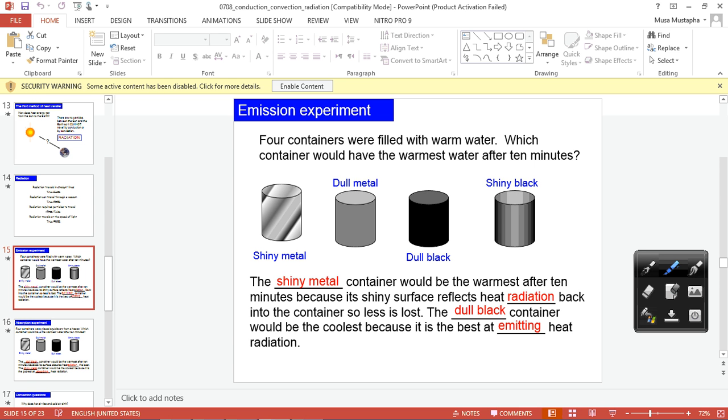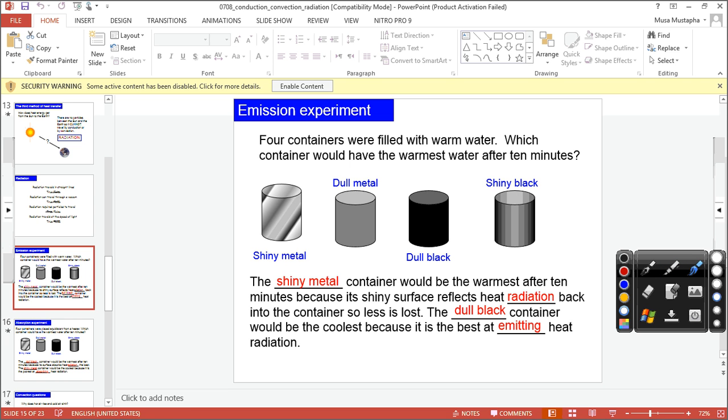The dull black material has a tendency to emit heat energy by radiation, and that's the reason it will be the coolest material.